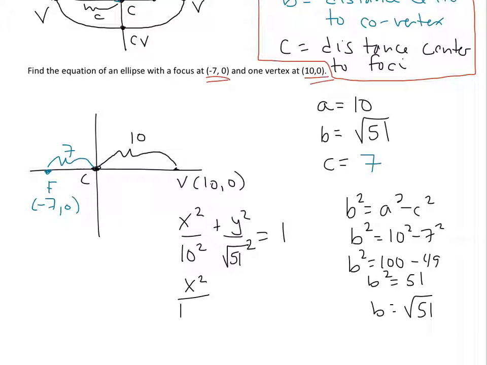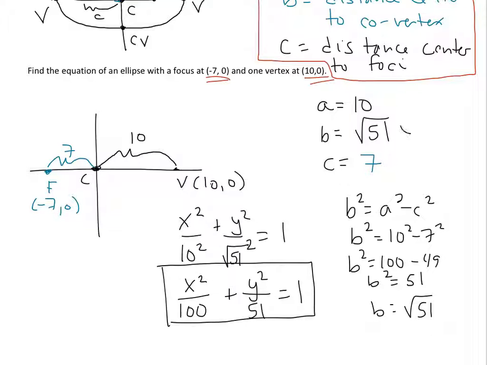So if I write that out, 10 squared is 100. The square root of 51 squared is just 51, equals 1. So again, really everything comes down to figuring out what A, B, and C are, figuring out how far it is from the center to the vertex, center to co-vertex, center to foci, and then just going from there.